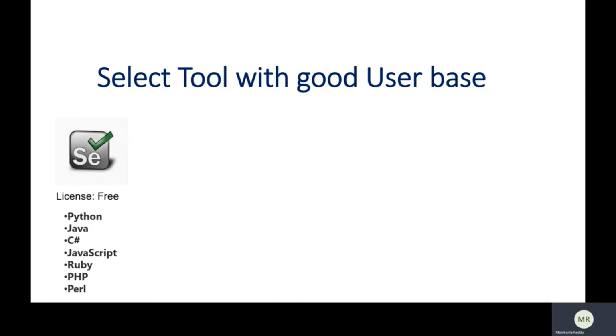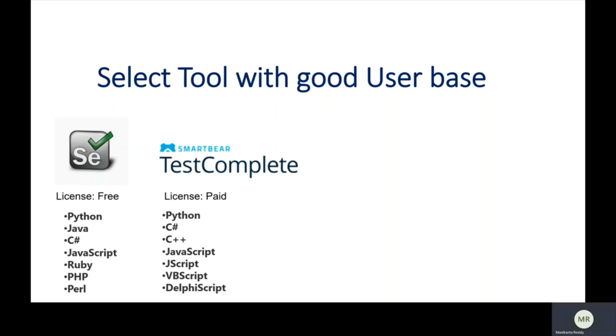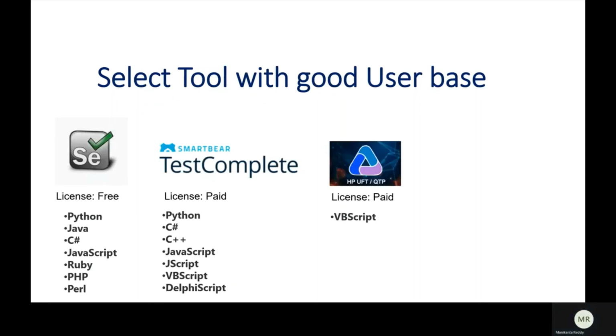I would recommend that if you're a beginner, you should start with Selenium because it's a very well-known tool and widely used across the industry, it supports many programming languages, and it's a free tool. I'm also mentioning a few other tools which are very widely used across the industry. You can go through these as well.